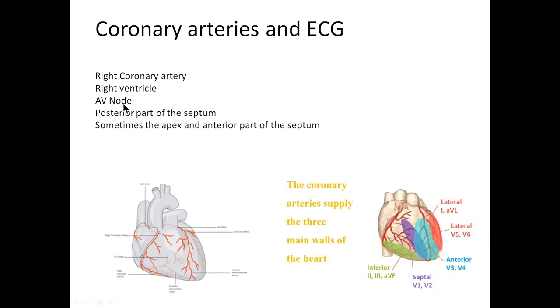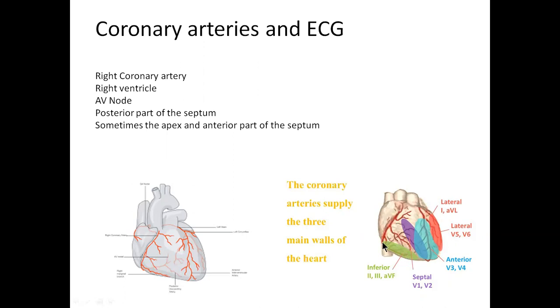Next, it's going to supply the AV node and the posterior part of the septum, right? And this is the inferior wall. So there are many parts that it supplies, and for each one there is an ECG finding.